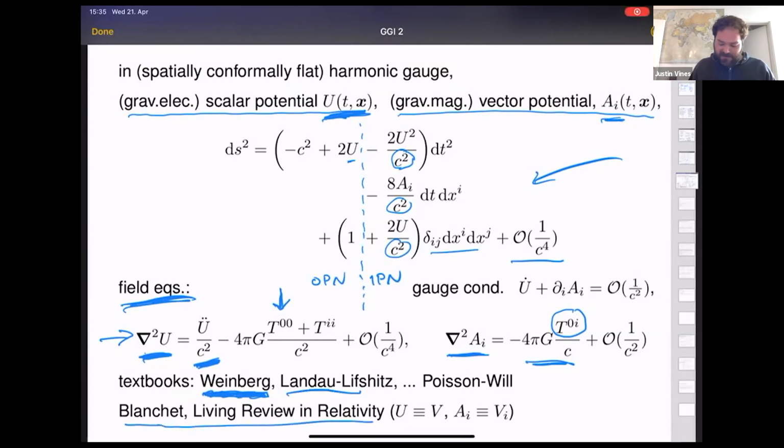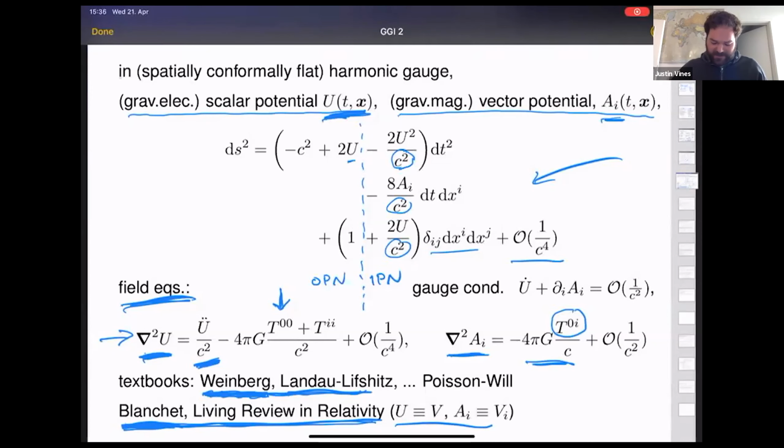Another good reference, especially for a lot of what I'm going to be talking about tomorrow, is Blanchet's Living Review in Relativity, where you can't find even what we were just saying, how to verify that this post-Newtonian metric with these post-Newtonian field equations solves Einstein equations. For that, you have to go somewhere else. But I'm going to try to keep track of the notation here versus in Blanchet's review, especially for tomorrow, and that's what I'm noting there.